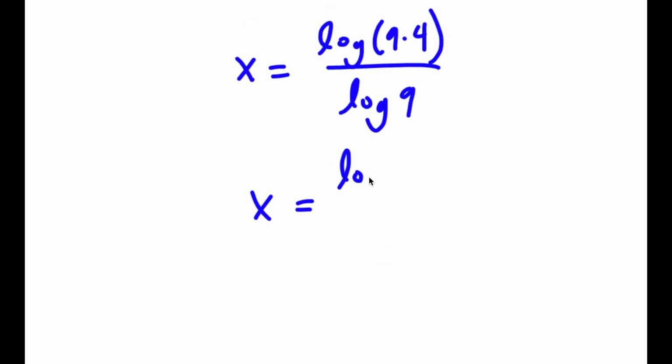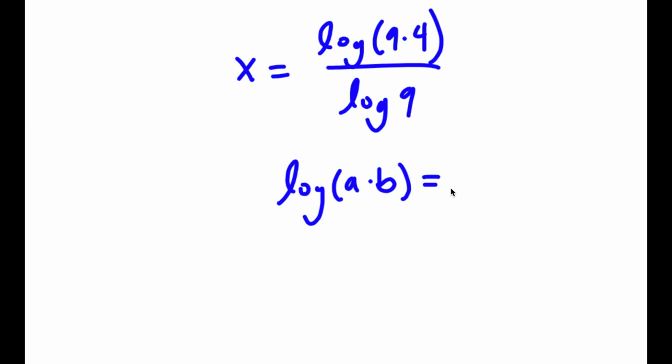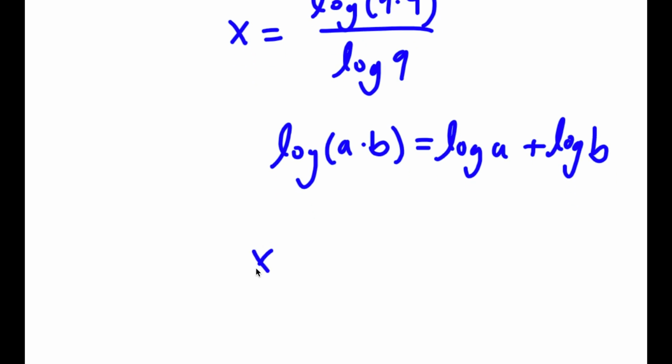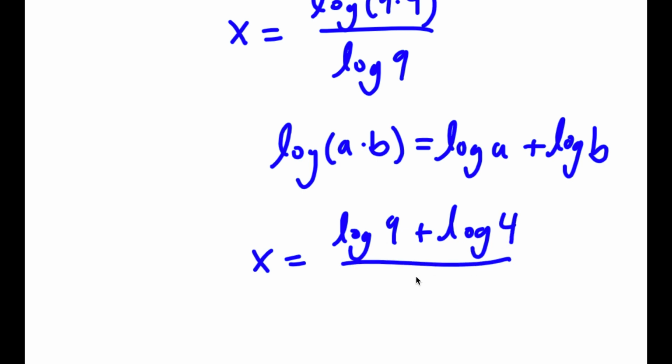If I have something in the form log a times b, this is equal to log a plus log b. So log 9 times 4 is going to equal log 9 plus log 4, and I have this over log 9.